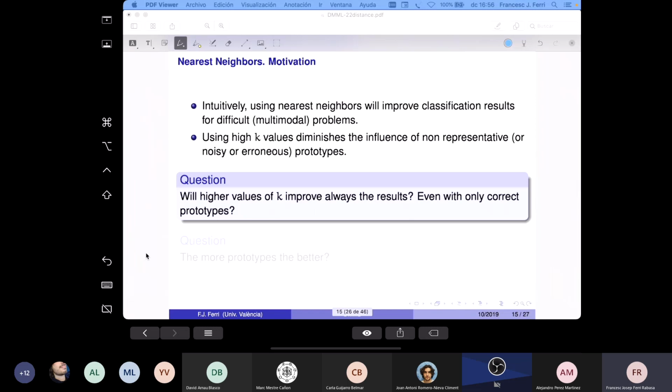But if we increase the value of k too much, then some of these neighbors will be very, very far away from x. And then these votes would be useless because they do not represent at all what happens at point x.